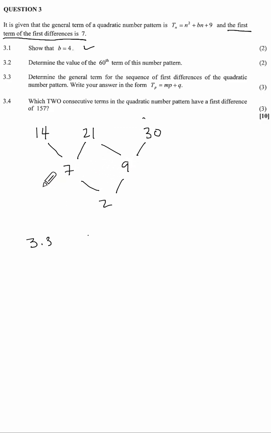So we know that it's arithmetic, and let's remember the general term of an arithmetic sequence is Tn equal to a plus n minus 1 by d, where n is the position of the term and d is the common difference.